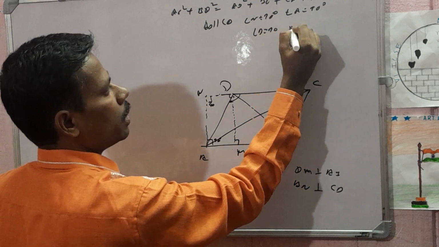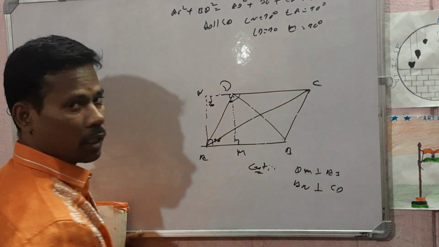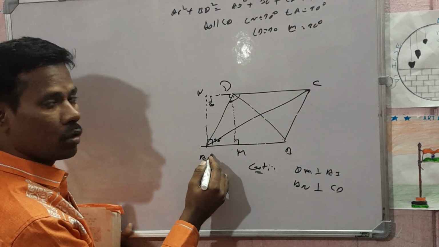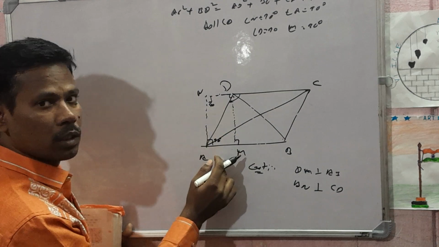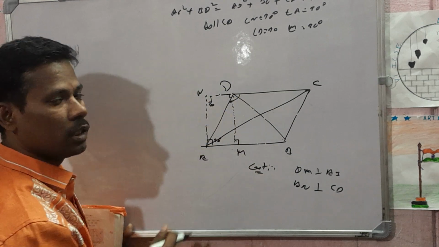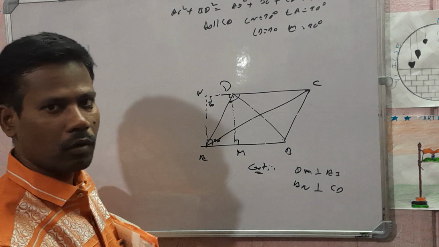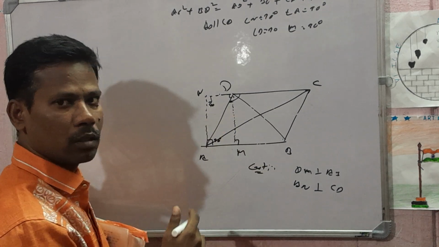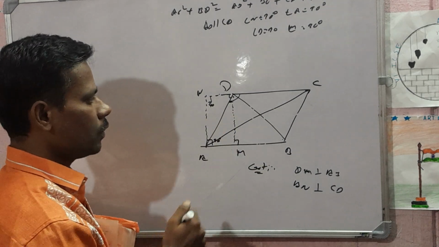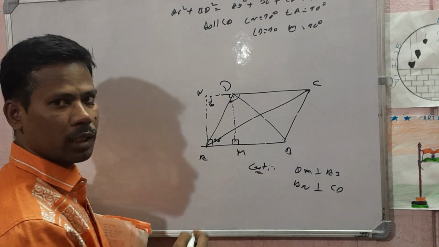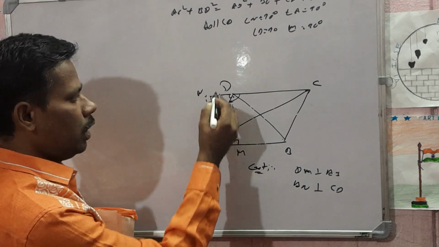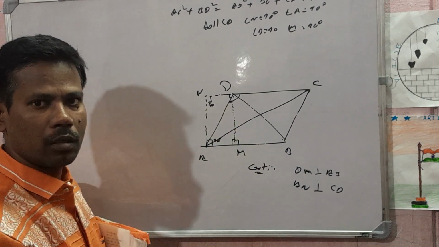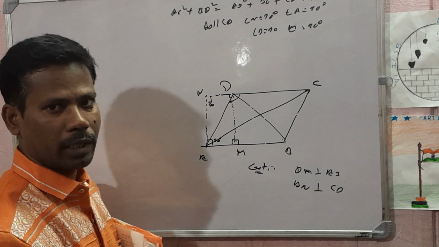Angle D is equal to 90, angle M is equal to 90, right? Therefore, AMDN is a rectangle. Why is it a rectangle? In a quadrilateral, if one angle is 90 degrees and the opposite sides are parallel, then it becomes a rectangle.